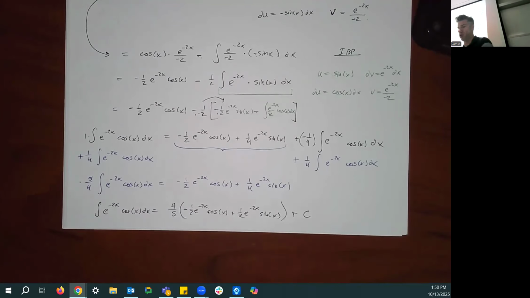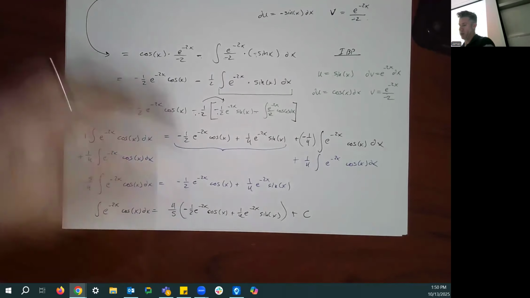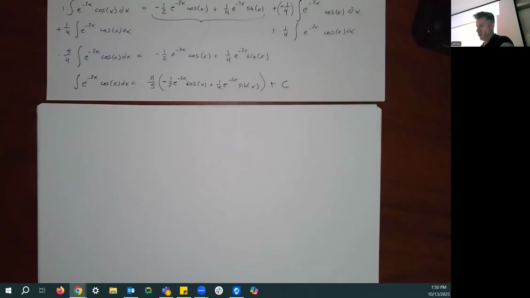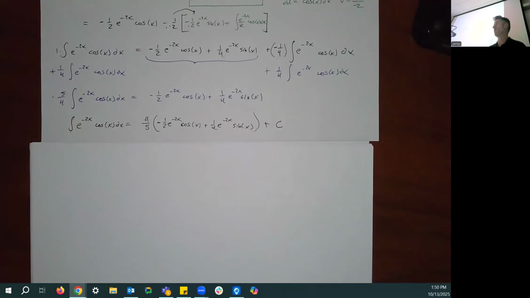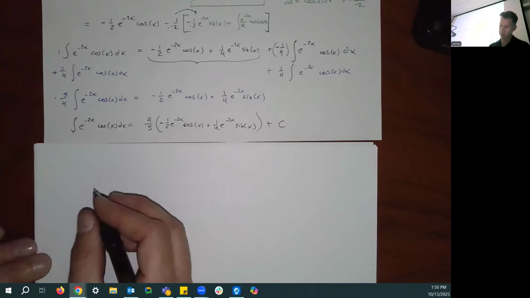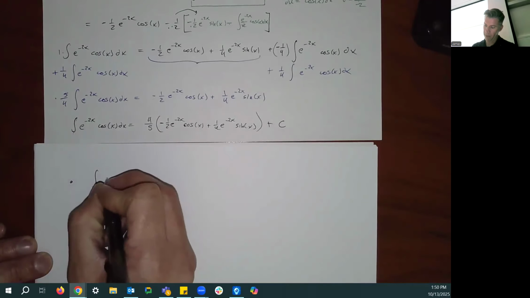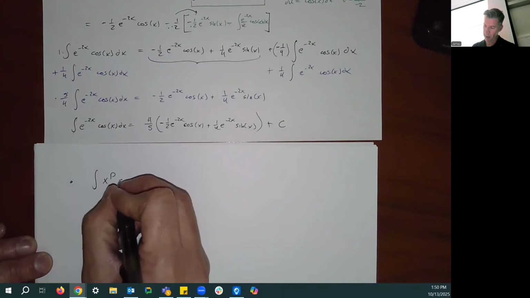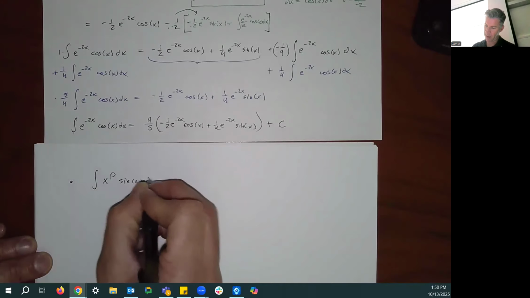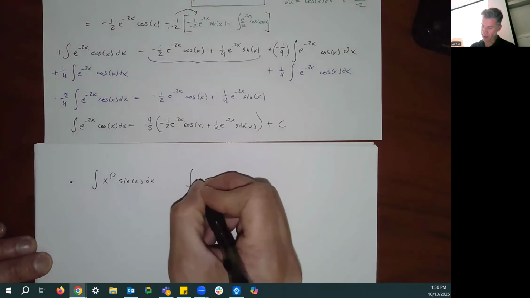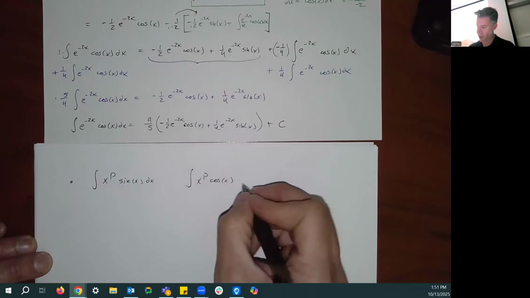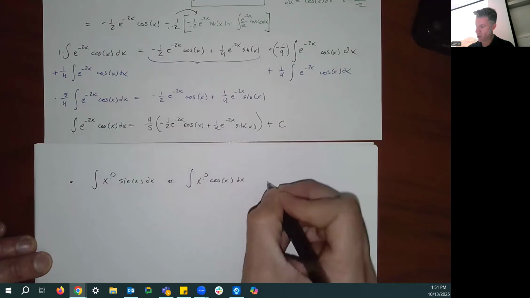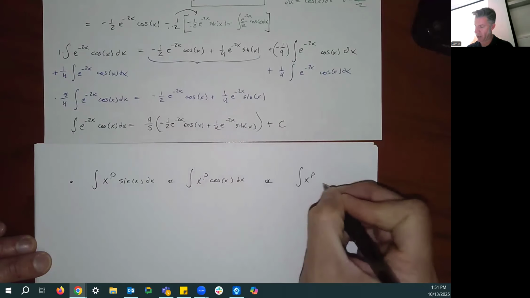Something else I feel like I should mention to you. There are 3 types of integrals that require very specifically integration by parts a certain number of times. They're the following. The integral of x to some power times sine of x, or x to some power times cosine of x, or don't forget the dx, or x to some power times e to the x.